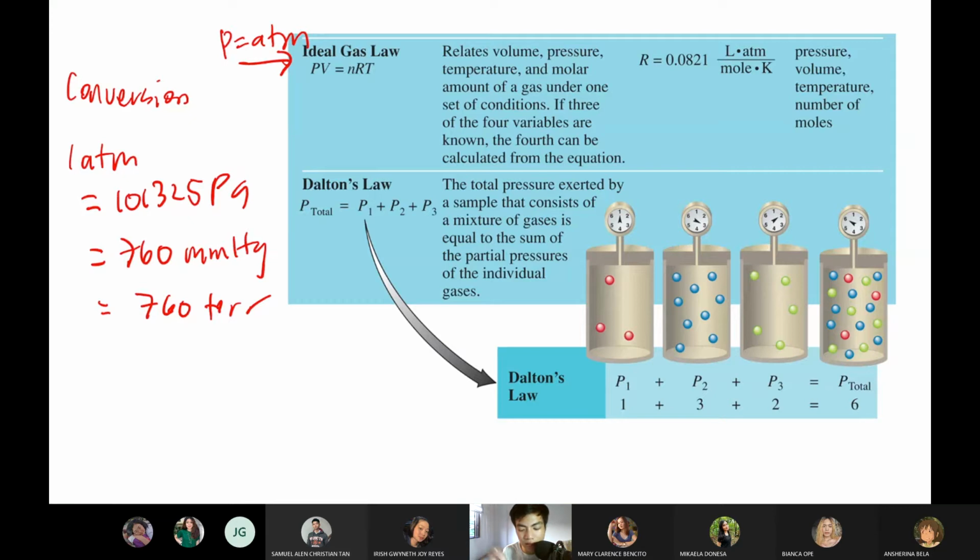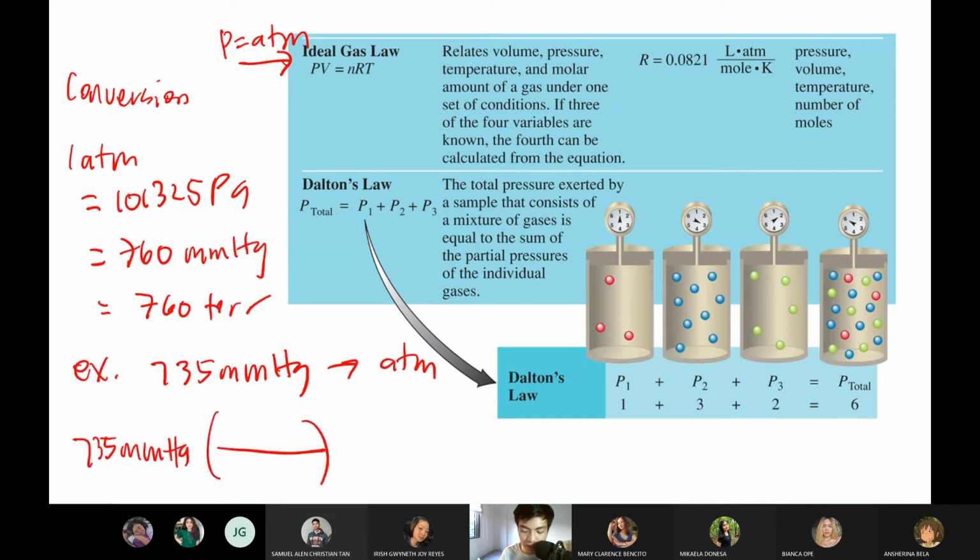Okay? Kunwari, example lang, you have 735 mmHg. Convert mo yan to ATM. So, alam nyo na naman mag-convert. 735 mmHg. Then, you use the conversion factor. Nasa baba yung mmHg para makancel.